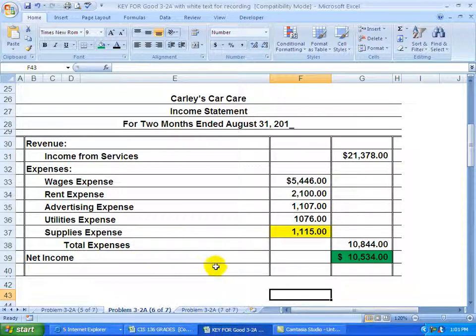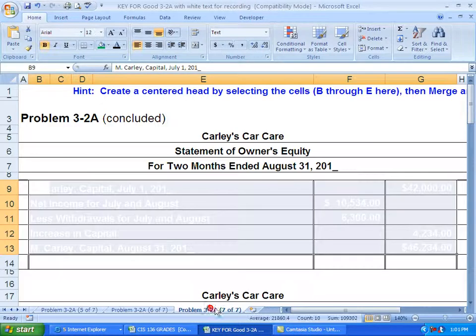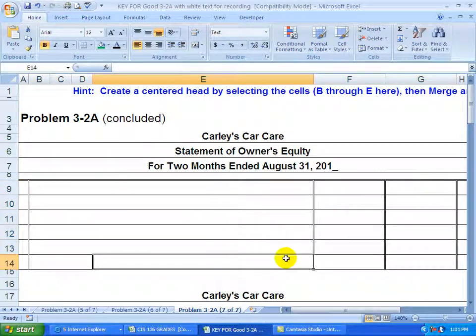Now we're going to do the statement of owner's equity, which is basically taking the capital account and showing the effect of drawing and revenue and expenses to bring the capital account up to date. So going to the next page, we're going to do Carly's Car Care Statement of Owner's Equity, and again it's for the 2 months ended August 31st.